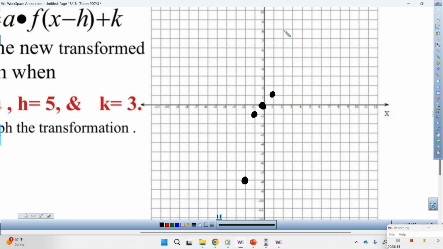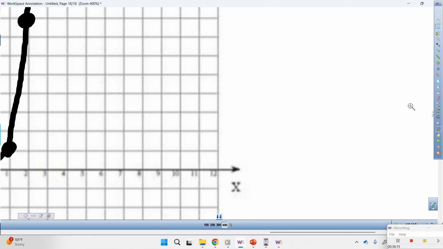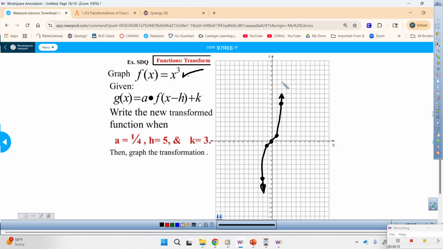That is correct. Make sure you make those points a little bit bigger so you can see them, because we need to either stretch them or compress them. All right, let me zoom out, and we label that f of x.